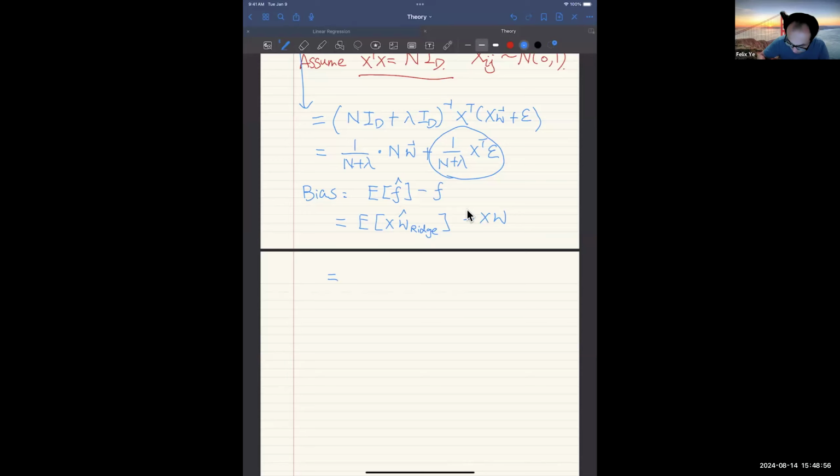So this will be x times n over n plus lambda times w, minus x times w. This will be minus lambda over n plus lambda times xw. I think I missed the minus sign in the notes.